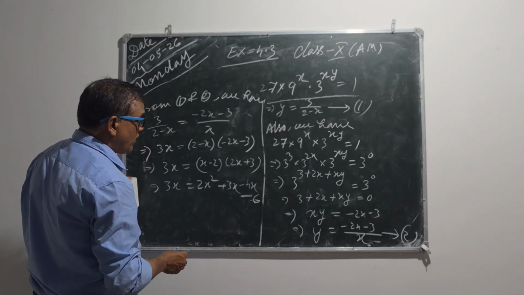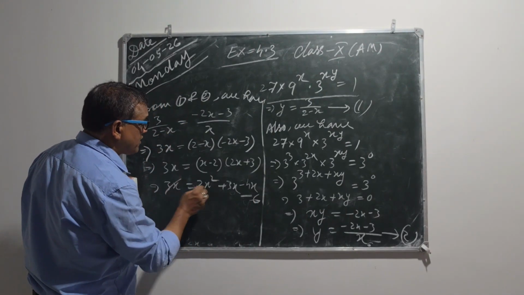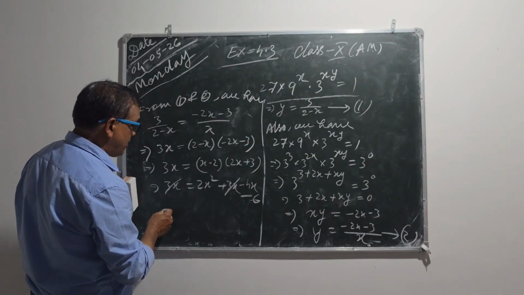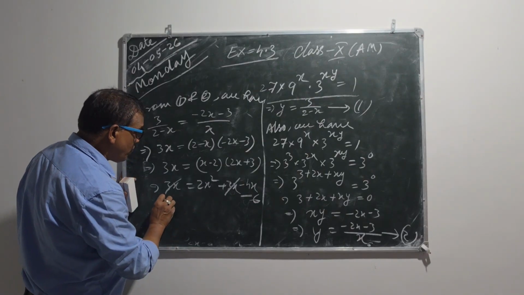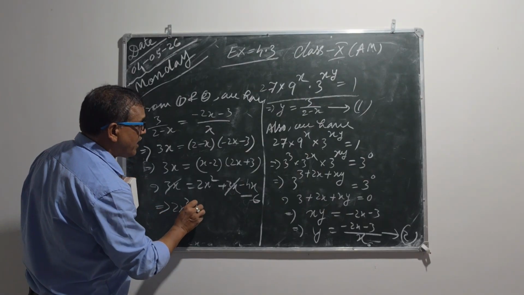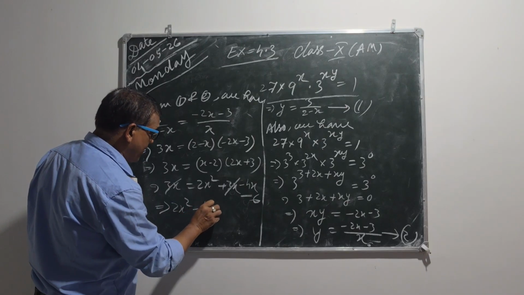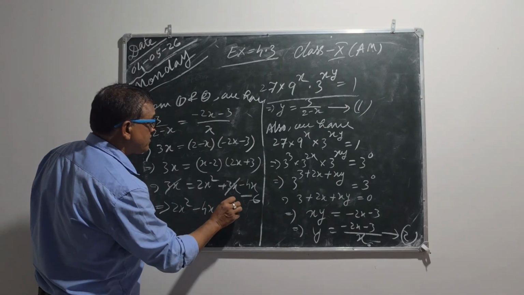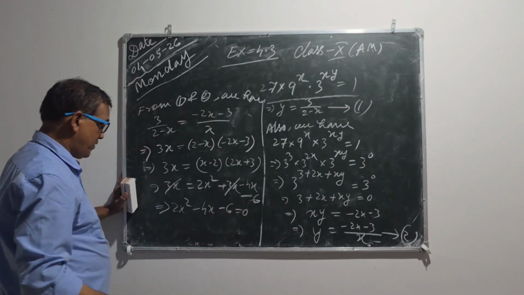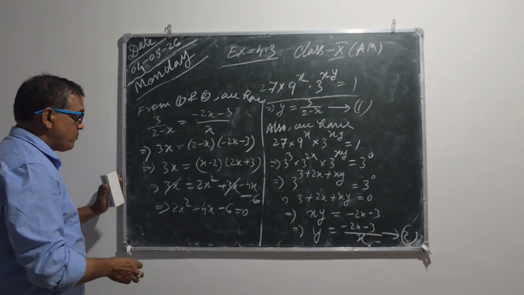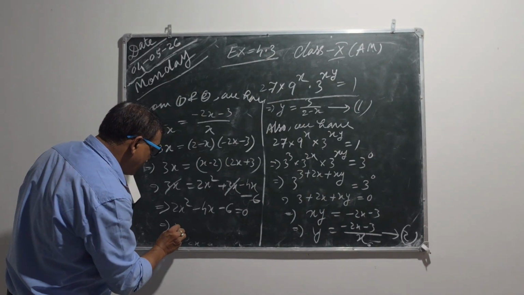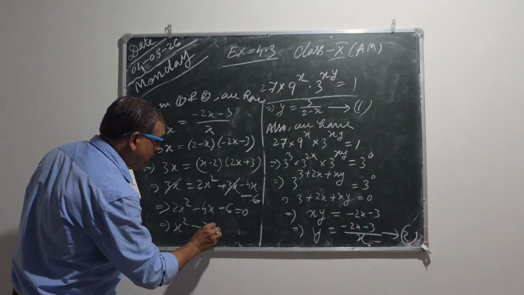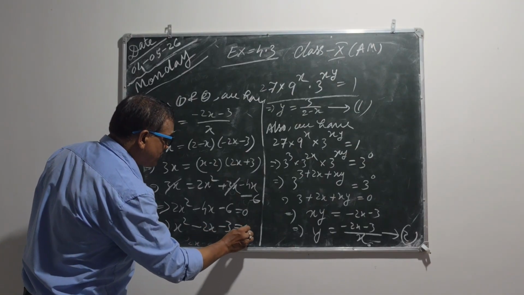So what will be the further simplification? 3x and 3x can cancel from both sides. Then finally it will be 2x square minus 4x minus 6 is equal to 0. Then dividing both sides by 2, it will be x square minus 2x minus 3 equal to 0.